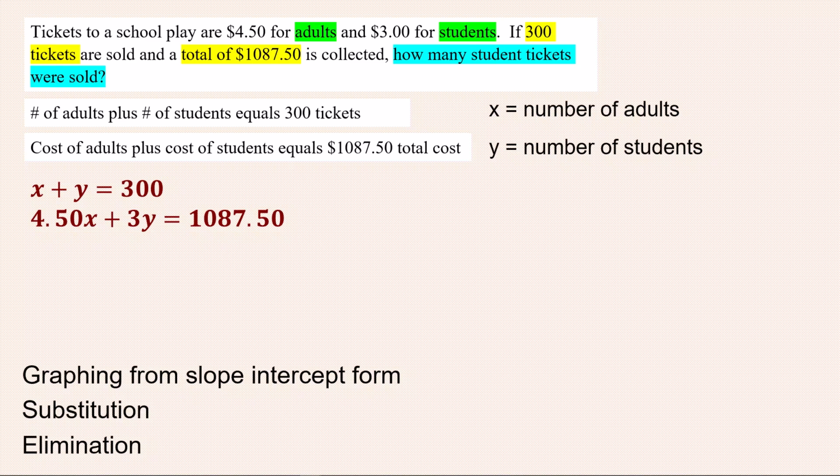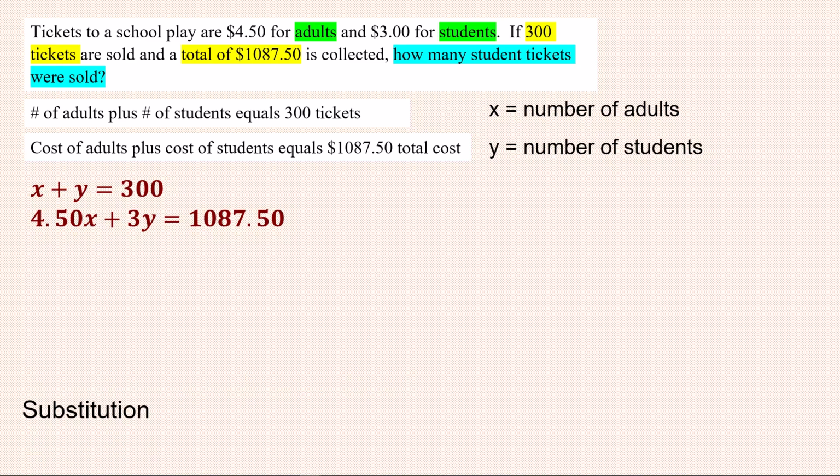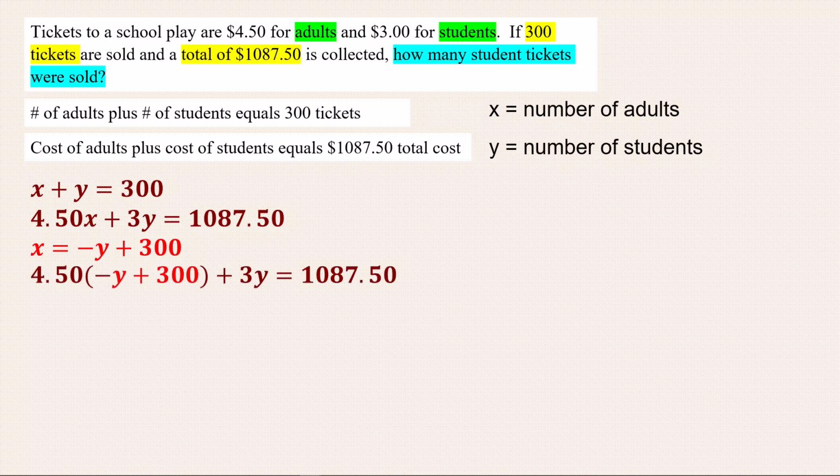Using substitution requires only one equation converted to isolate a variable. Let's solve for x in the first equation, and then substitute into the other equation. The first equation solved for x is equal to negative y plus 300, which is then substituted for x in the other equation.